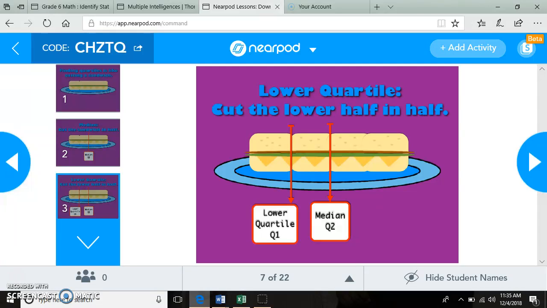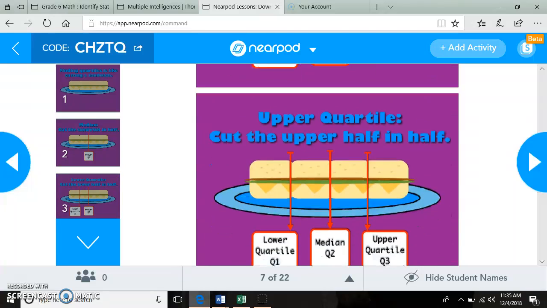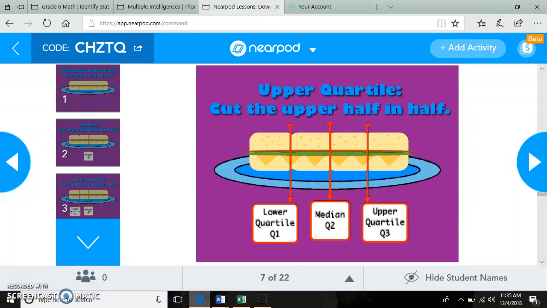So now we need to find quartile 1, which is the lower quartile. So we have to cut the lower half in half. So we have to find the median of the lower half. Now we have to find the upper quartile, which is Q3, and we have to cut the upper half in half.